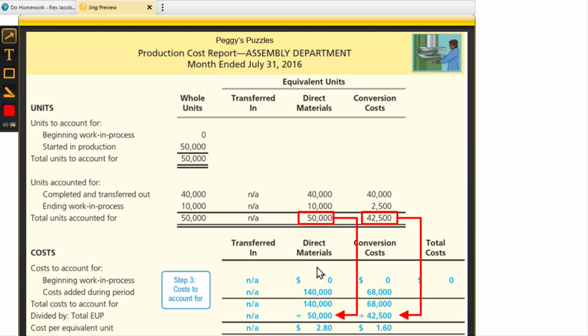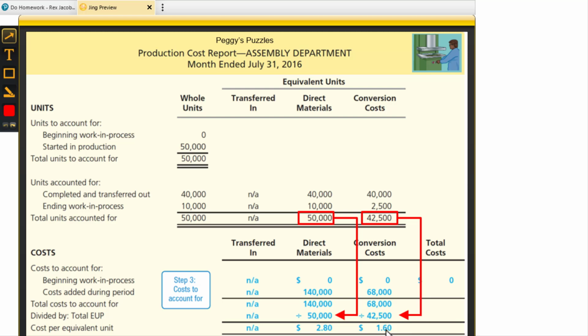And then we do the same thing for the conversion costs. We take the total conversion costs to account for, $68,000, which included the 0 in beginning work in process and the $68,000 of conversion costs added during the period. We take the $68,000 divided by the equivalent units, 42,500 for conversion costs, and we get $1.60.